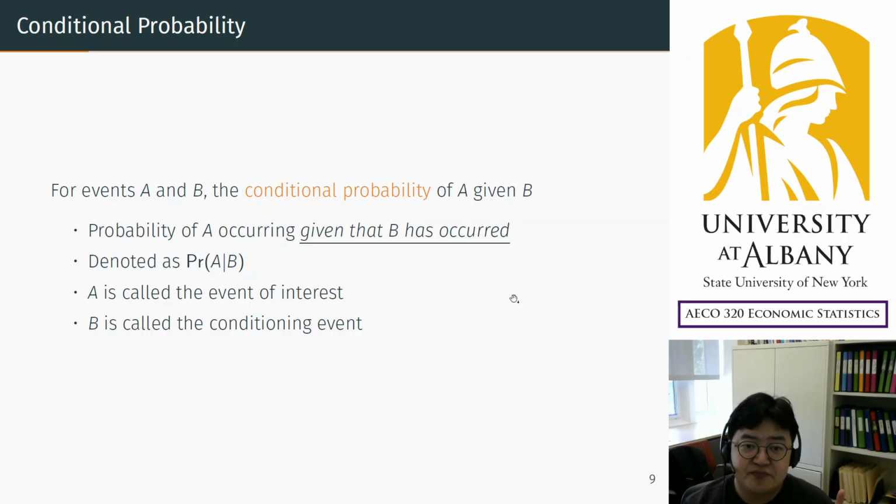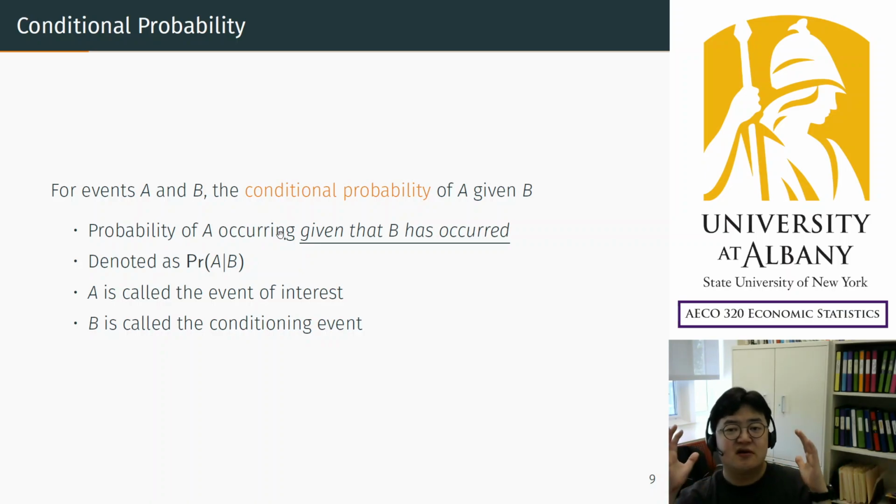The idea is we are calculating the probability of an event A occurring when B has already occurred. So this is a condition. Given a certain condition, we restrict our focus to the cases where the condition is satisfied. We denote this as the probability of A given B.